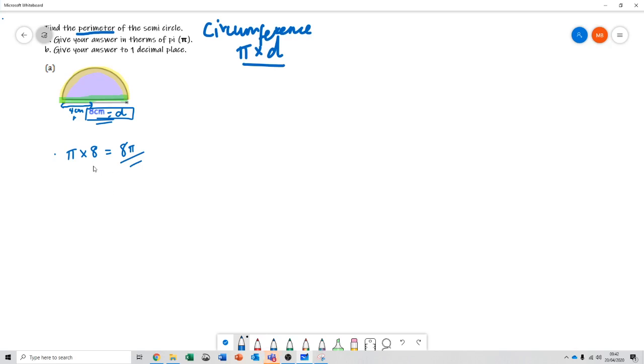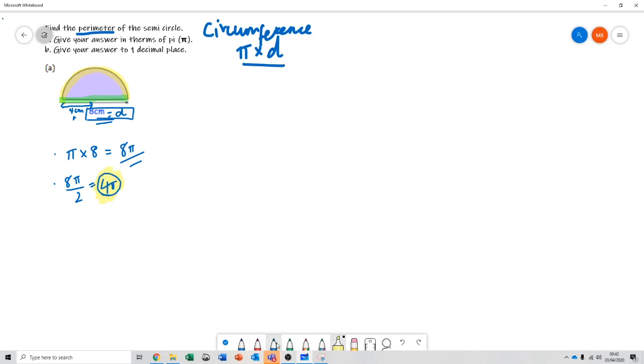However, we only want half of that. So the next step would be to do 8 pi divided by 2, which is 4 pi. Now 4 pi is the bit that I've highlighted in yellow on the diagram. That's basically what we've just worked out. So that 4 pi is actually the yellow bit on the diagram.